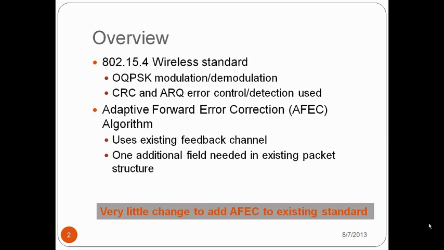So your throughput increases when the channel is good, and if the channel is bad, the transmitter increases the level of forward error correction. The only change that needs to be made to the standard is a field needs to be added to the packet for the receiver to parse out and then detect what level of FEC is being used for that packet.